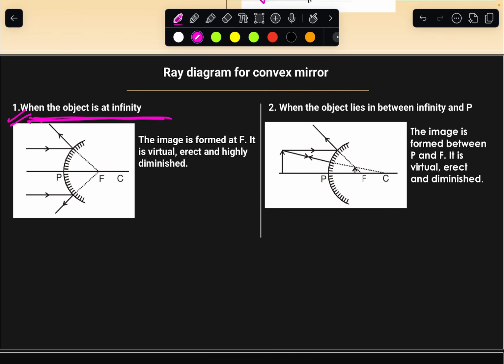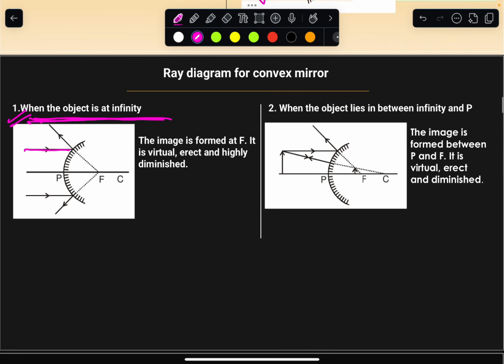In the convex case, whenever incident rays are parallel, it looks like they are passing through the focus. If you keep your finger on the incident ray, it will look like it is passing through the focus. So what we can say, sir, in case of convex, when the object is at infinity, the image is going to form behind the mirror. And the image will be point size, virtual, erect and highly diminished.